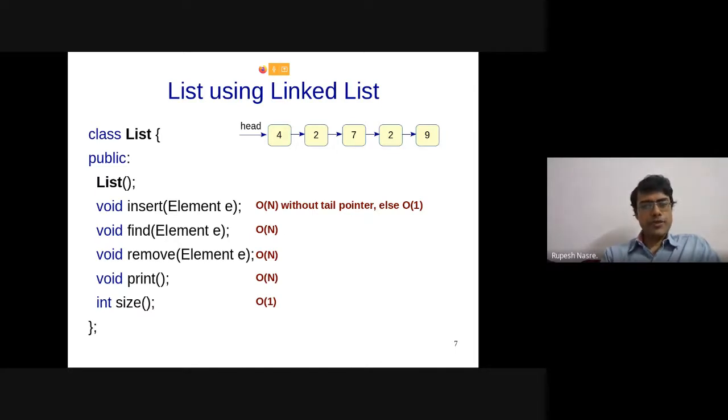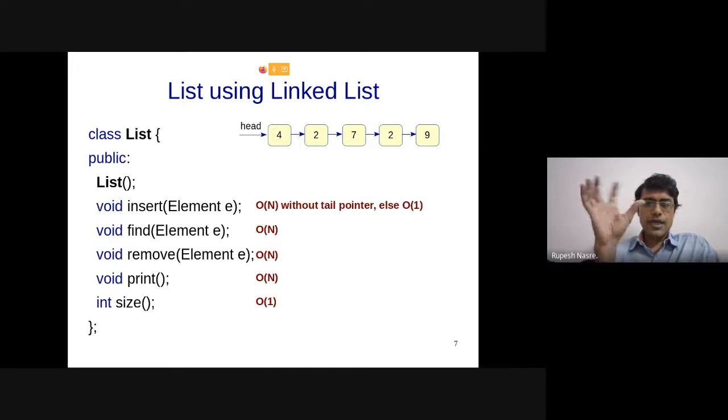Well, there are multiple ways in which this can be improved. One of them is what I have mentioned here, that you maintain the tail, right? You maintain the tail of this list, which means that I have not only a head pointer, but also a tail pointer in my list. This is optional, but it might help you in improving the complexity of certain functions.